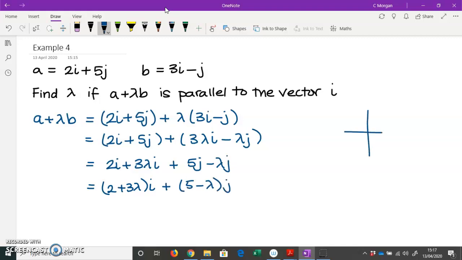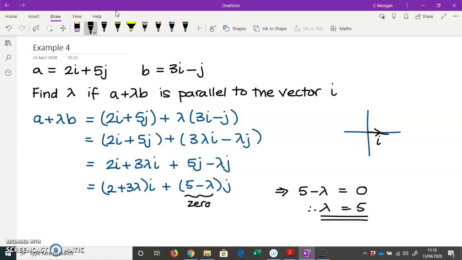Now, remembering that vector i runs parallel to the x-axis, I now know that if my vector is parallel to the vector i, then the vector component j should have a coefficient of 0. This means that 5 subtract lambda has to be worth 0, and therefore lambda is 5.